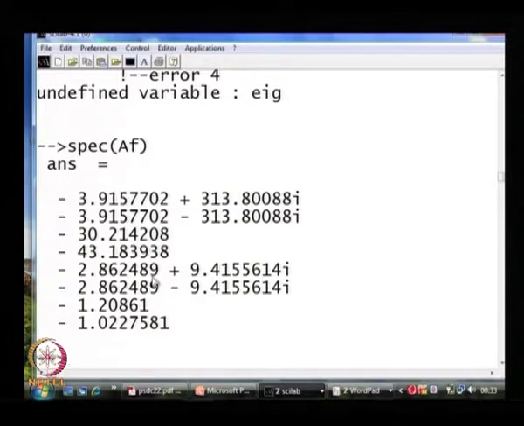You have these two eigenvalues which are very large in magnitude. They are almost 314 radians per second, as discussed in the short circuit analysis of a synchronous machine. These are very much associated with the psi d and psi q states.